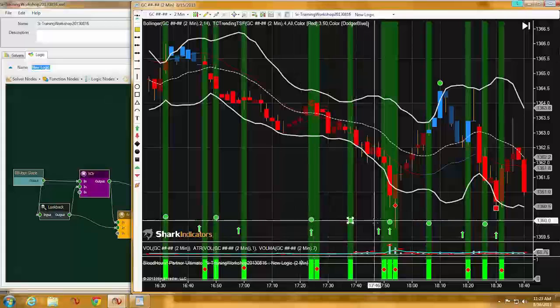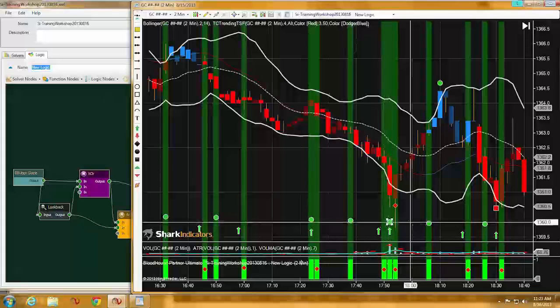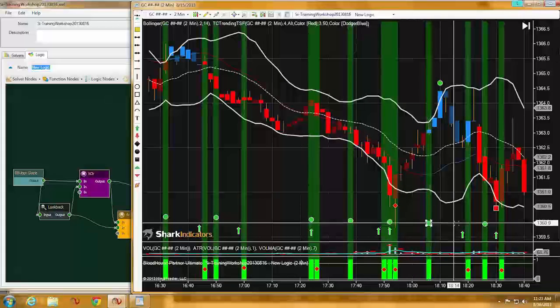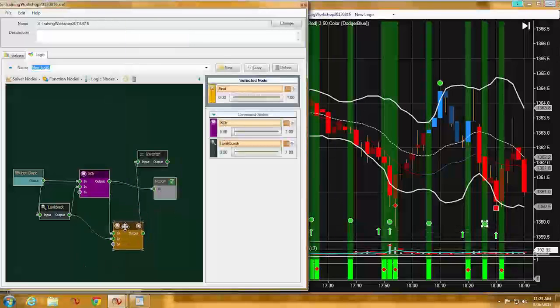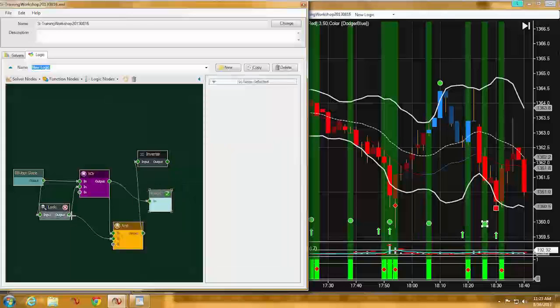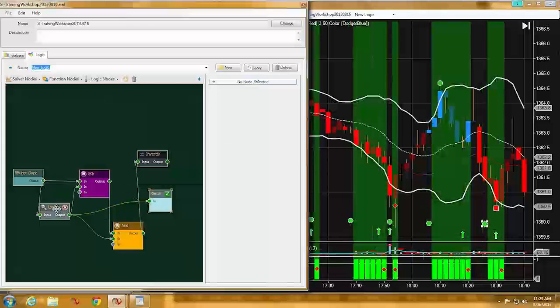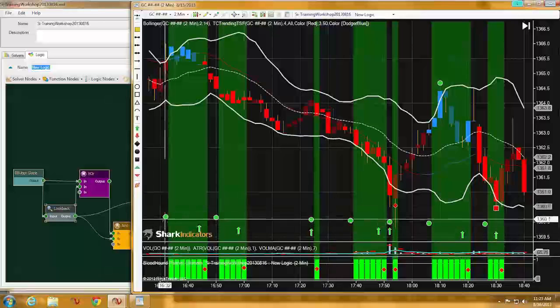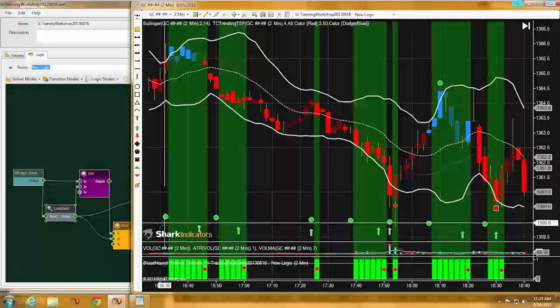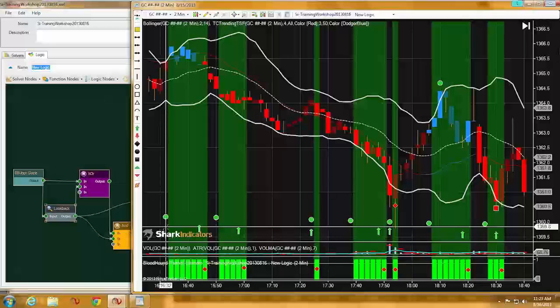So right here, we're getting a signal on the first entry bar of the long signal, and that's what we want to eliminate. And when I was playing around with looking at the outputs, when I was looking at the lookback output, I noticed there is no signal here on the first bar.